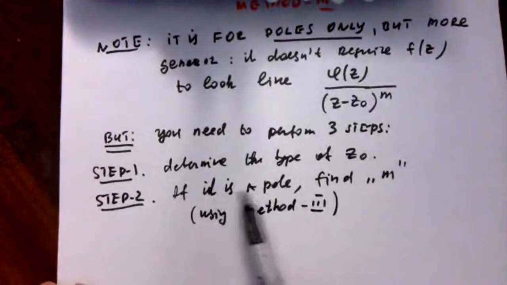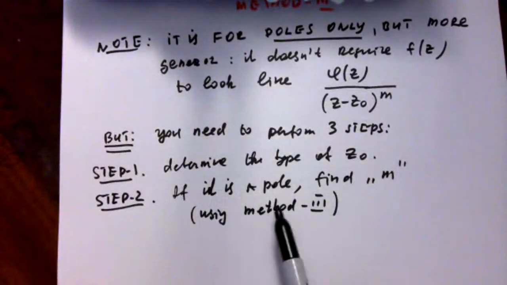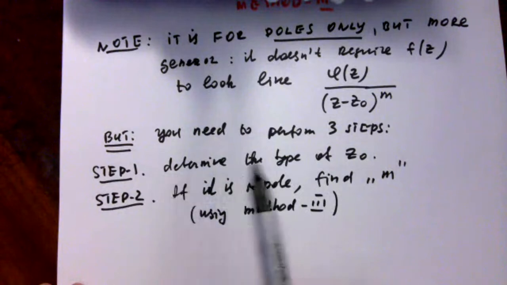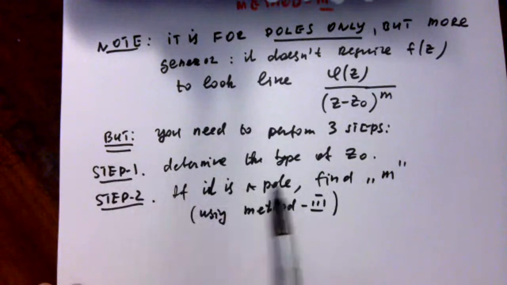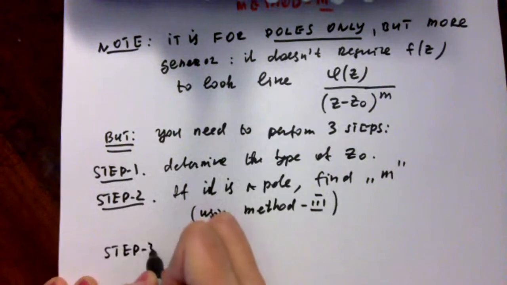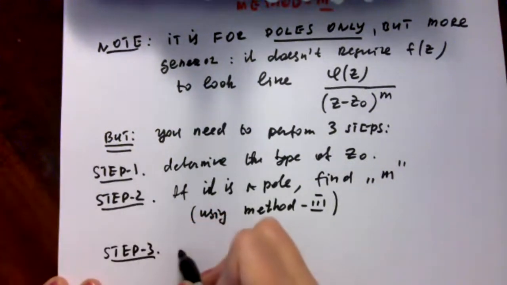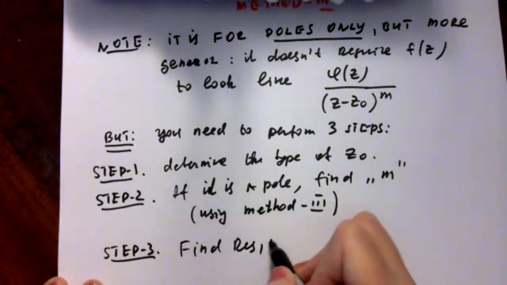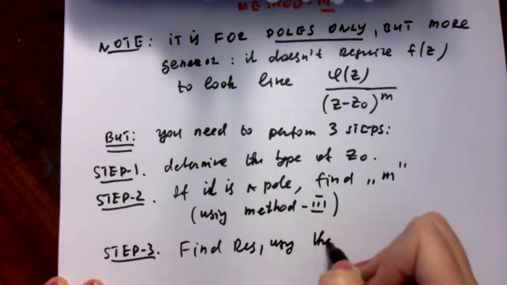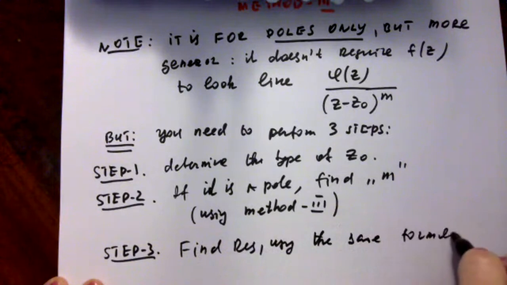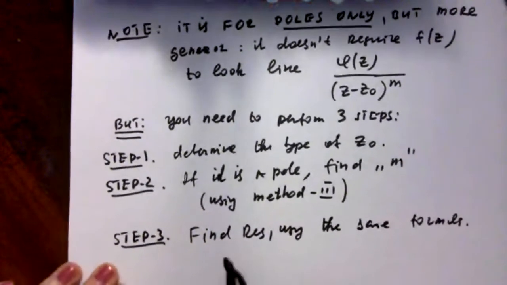As you can see, all these words are pretty familiar to you, but the thing is that we are going to do both step 1 and step 2 using absolutely new methods. And only step 3 will be familiar to you. So find the residue using the same formula as we used before. Remember this formula with the factorial, limit, and so on.